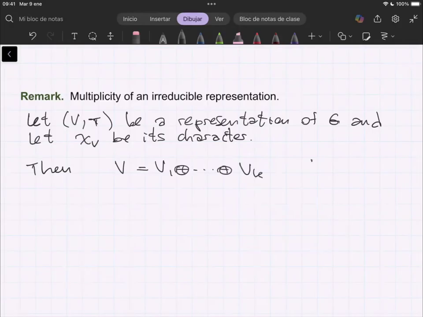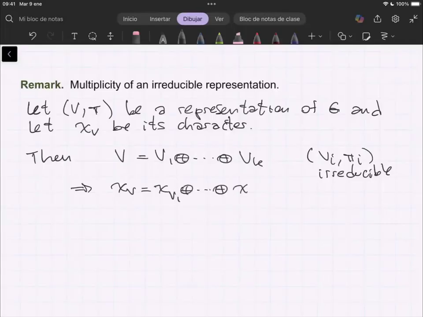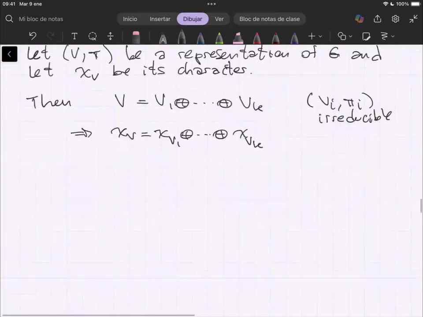So the Bi are irreducible. Another thing that I left as an exercise is that the character of B is given by the sum of these characters.